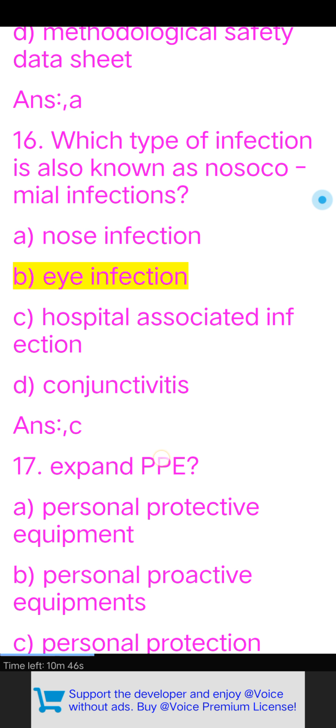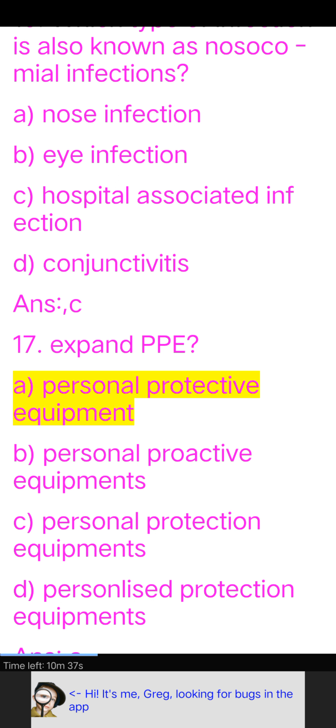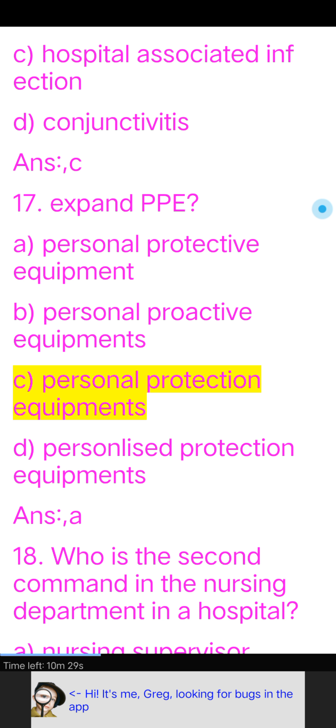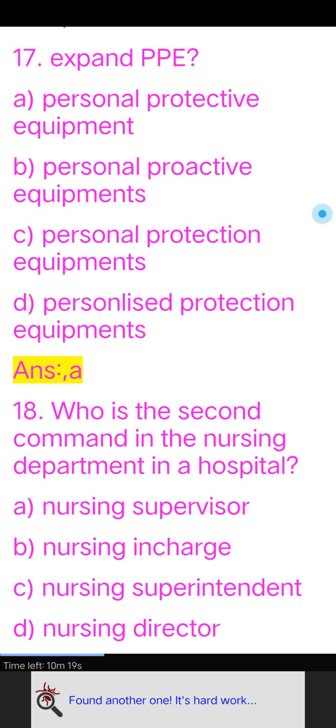B. Eye infection. C. Hospital-associated infection. D. Conjunctivitis. Answer. C. 17. Expand PPE. A. Personal protective equipment. B. Personal proactive equipments. C. Personal protection equipments. D. Personalized protection equipments. Answer. A.